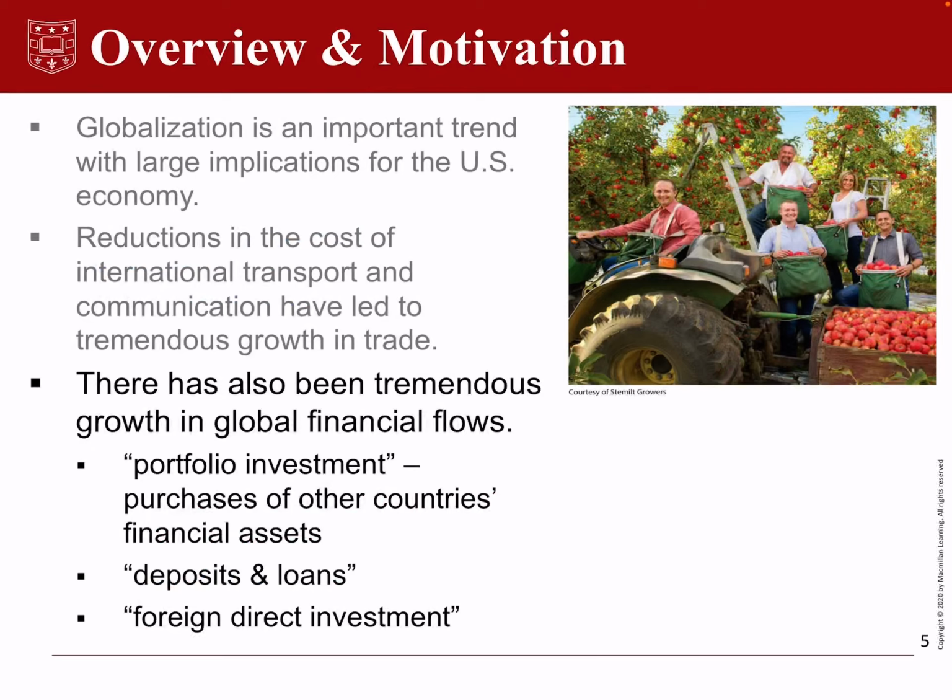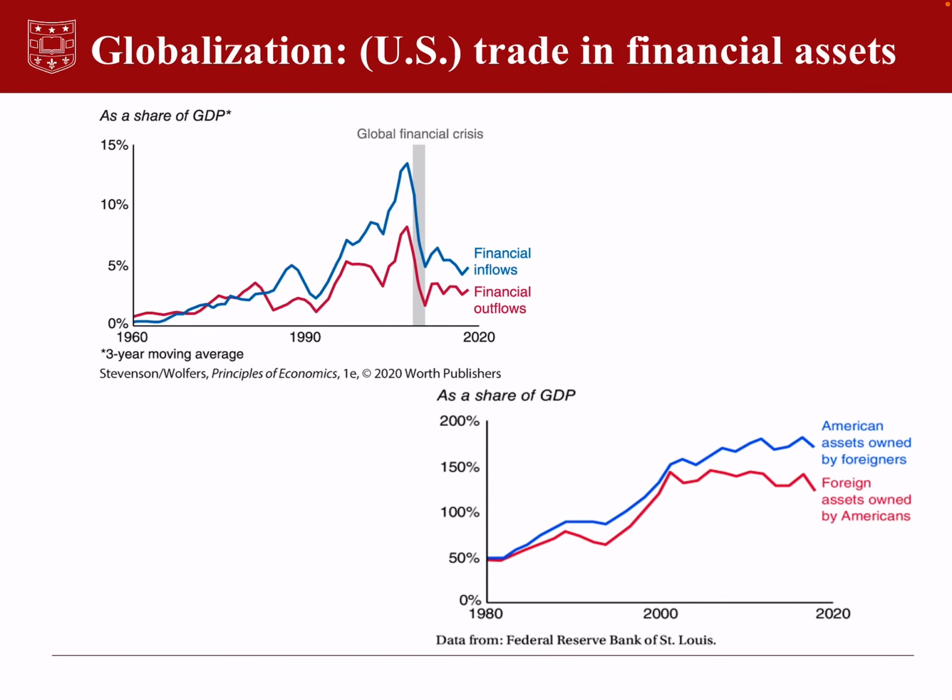And then, of course, the final category is what I'm asking you to focus on for your group project, which is foreign direct investment. So literally setting up a subsidiary in another country. And you can see, and again, these are just pictures that I've pulled from the chapter, the degree to which there's been growth in trade and financial flows, financial assets, broadly defined.